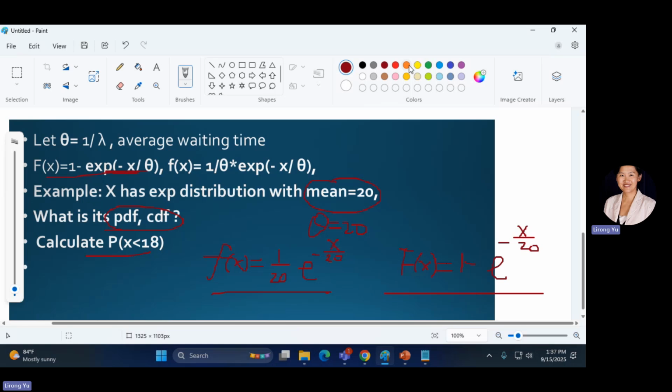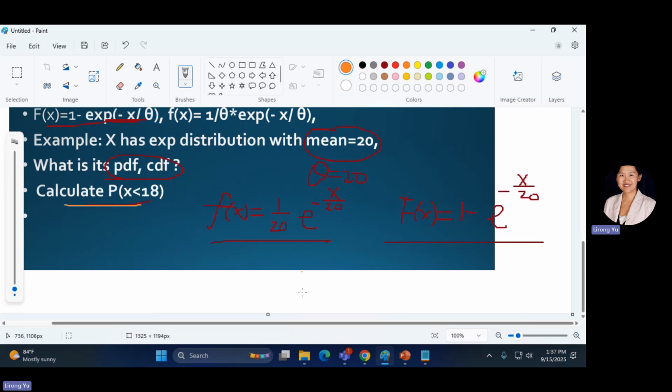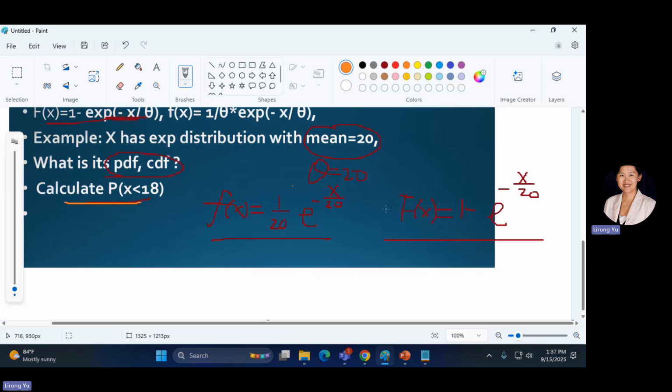As usual, for the calculation of the probability, there are 2 ways to do it. You can calculate using this one, or you can use this one. Now, if you use the density function, this calculation has to be from 0 to 18. You're going to integrate your density function dx.